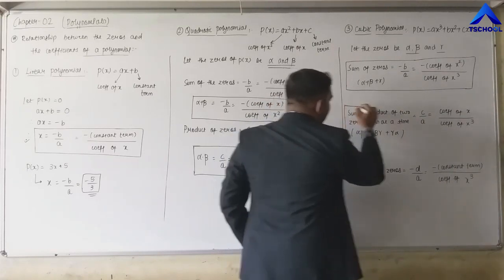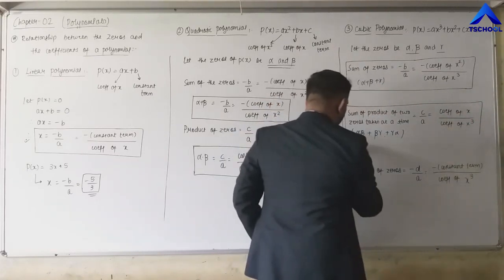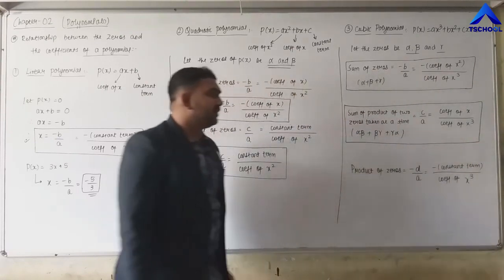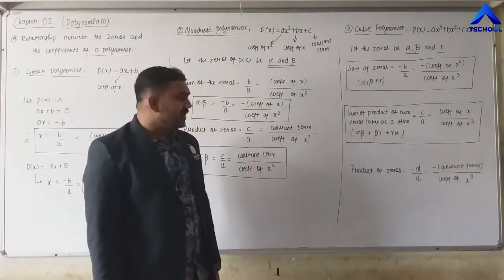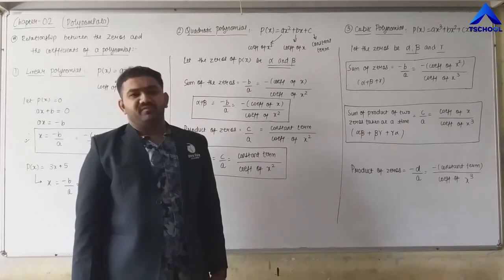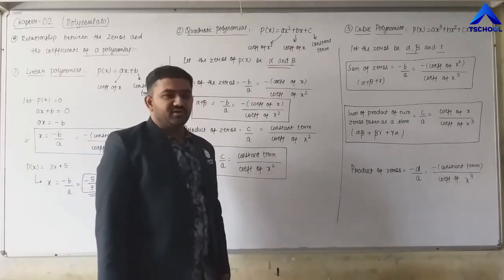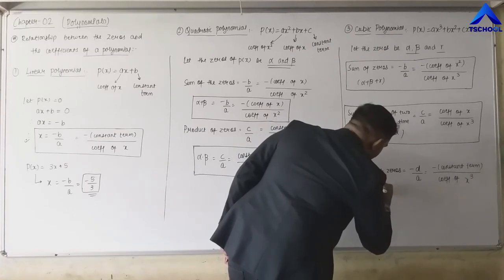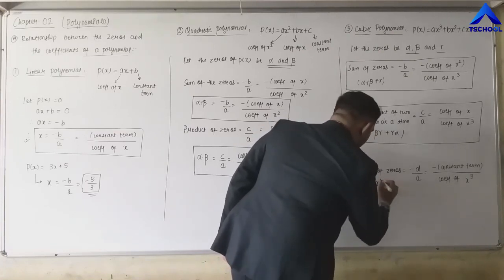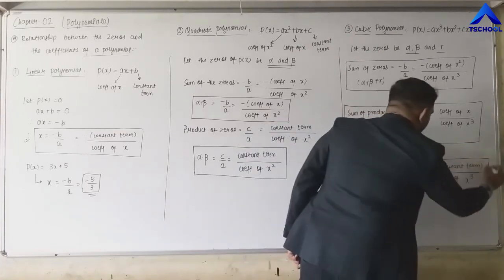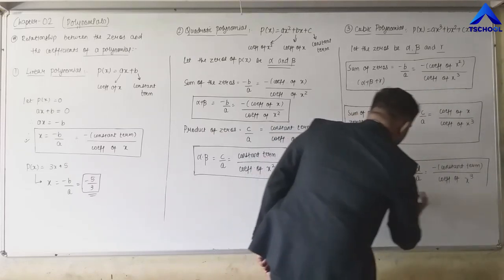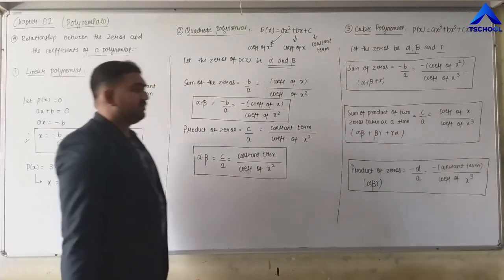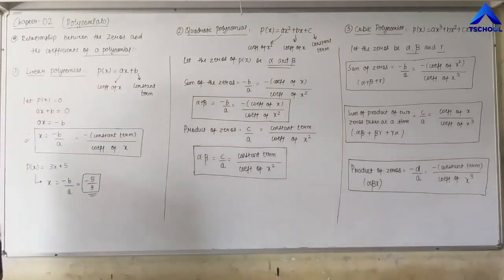Again, this is the second relation that a cubic polynomial will have. That is alpha beta plus beta gamma plus gamma alpha equals c upon a, equals the coefficient of x upon coefficient of x cube. And the last one, that is product of zeros, that is alpha beta gamma, equals minus d by a, that is minus of the constant term divided by the coefficient of x cube.